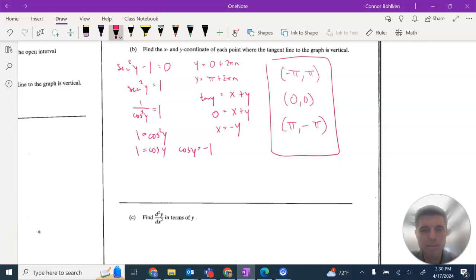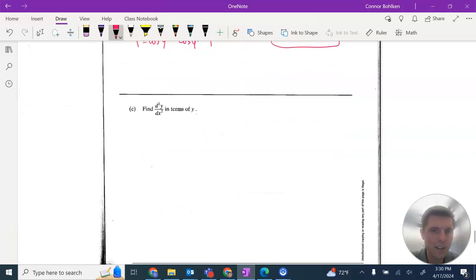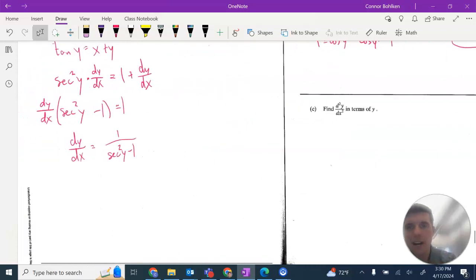That's a pretty tricky question. Part C, we're just taking another derivative based on what we got on this left side here. So dy/dx equals 1 over secant squared of y minus 1.